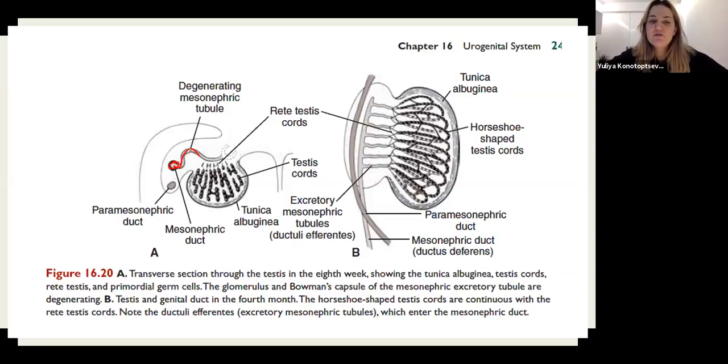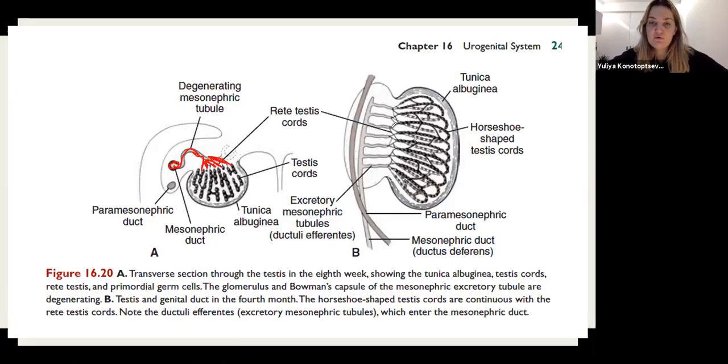We have said that mesonephros are going to be degenerating, right? Not all of them. Some of them, which are at the level of the gonads, will be reattaching to the medullary cords. So what will they give us?